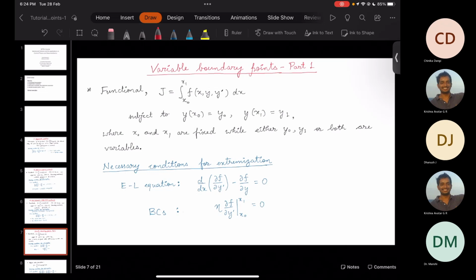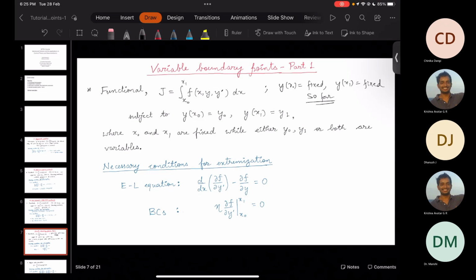So if you have this function here, so far y at x naught was some fixed quantity, and y at x1 was also fixed. This was the case so far. But in many problems we see that the values at the ends are not always fixed.